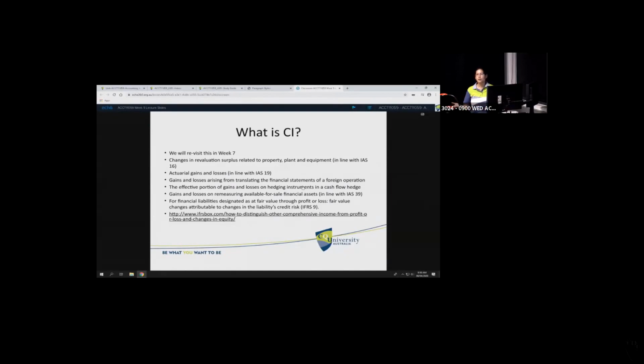So how do we show that to the users of our financials? Well, we will revalue our asset and we will show it as comprehensive income through a revaluation reserve. So we show the $100,000 as an increase in comprehensive income. So we're showing it there even though it's not revenue and expenses. That's why I call it what if.